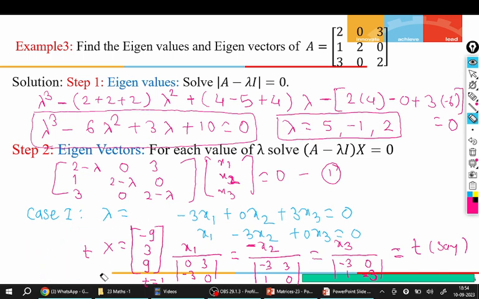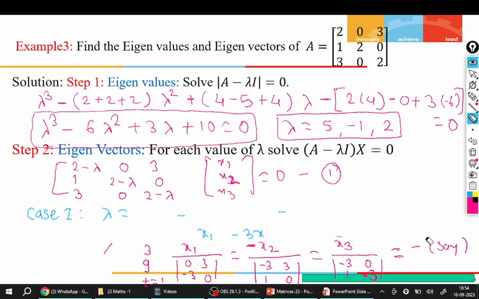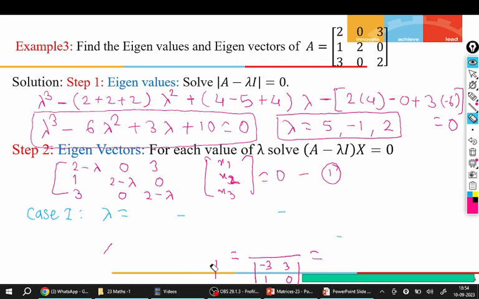For case 2, the method remains the same, everything is the same. So this is the matrix equation (A minus lambda I)x equal to 0, and we are starting case 2.